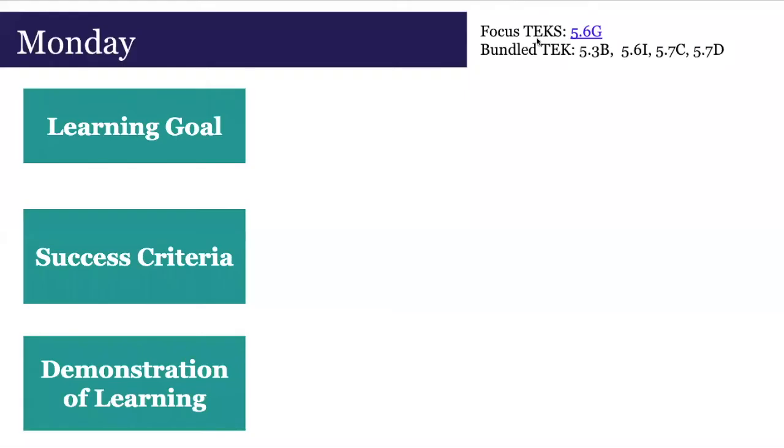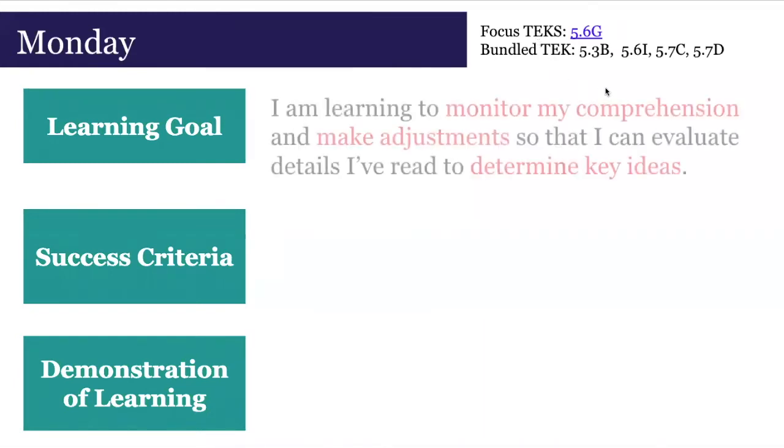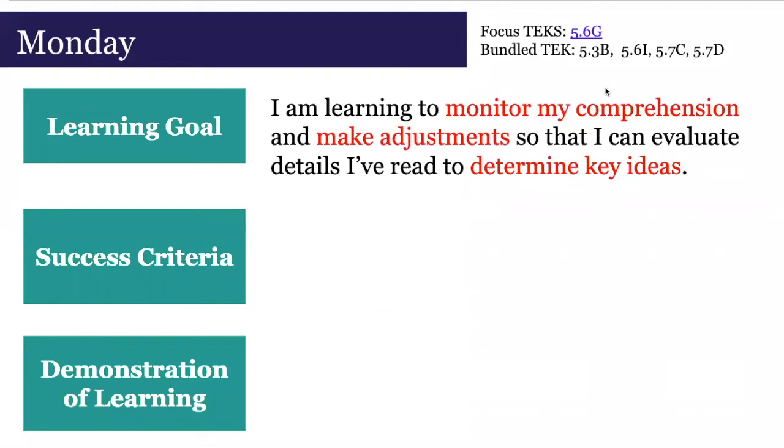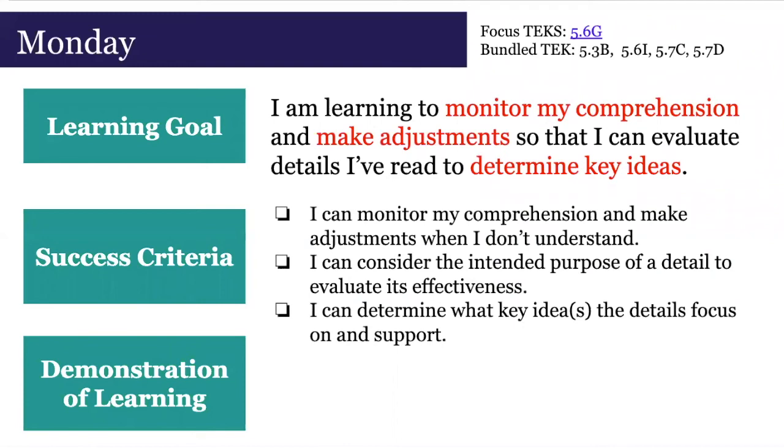All right, let's take a look at today's reading objectives. Our learning goal for today: I am learning to monitor my comprehension and make adjustments so that I can evaluate details I've read to determine the key ideas. I'll know I'm successful when I can monitor my comprehension and make adjustments when I don't understand.